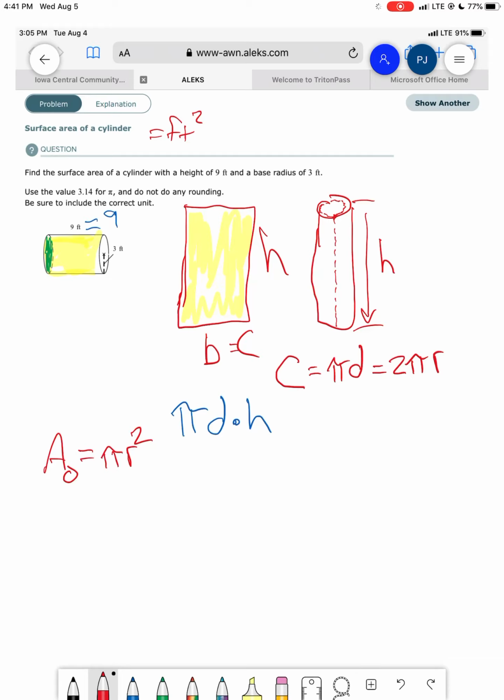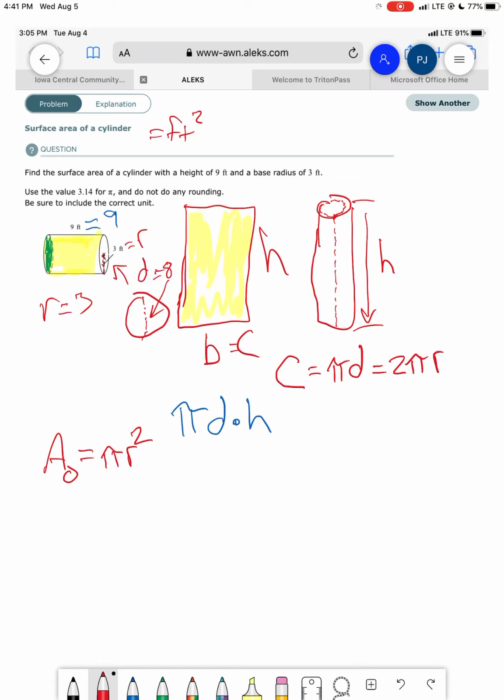Now, it's important to know what information I am given. So look at my cylinder. Notice I've got an X there at the center, and then the dot goes all the way to the outside, so it's only half. So this 3 is the radius. Now, if it was going all the way across, if I had dots all the way across and it said 8, let's say, then this would be my diameter.